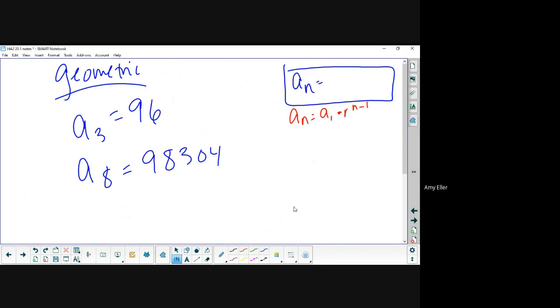Anybody able to tell me a good way to find r? I think some of you got it, because you do a lot of calculating.